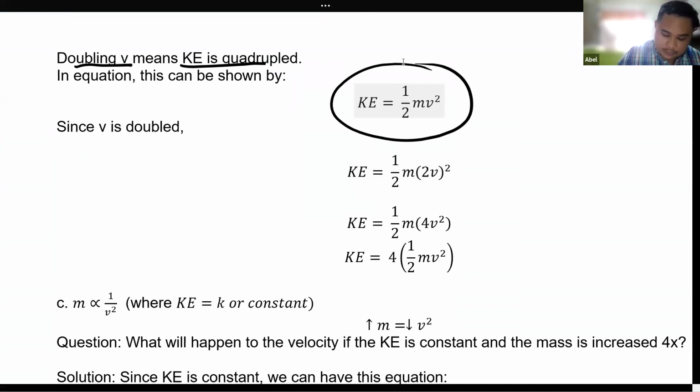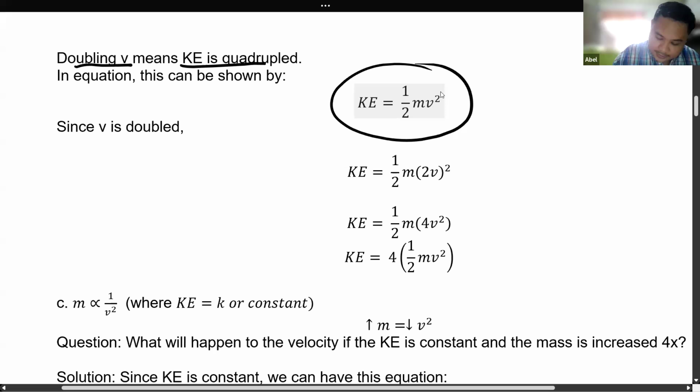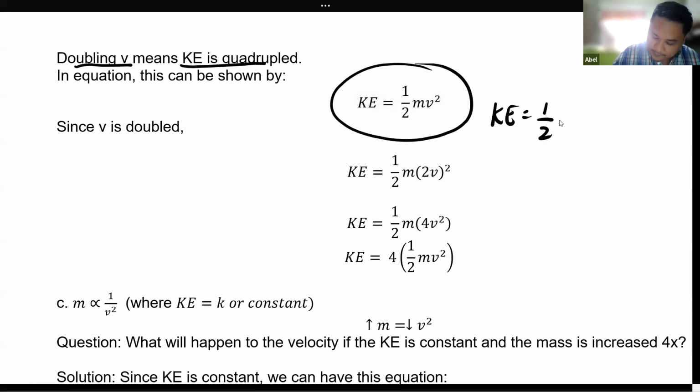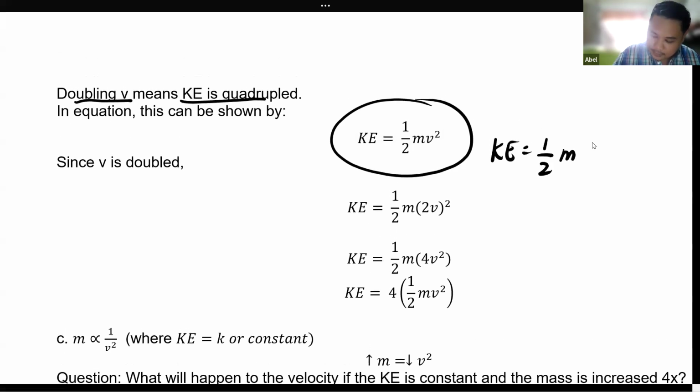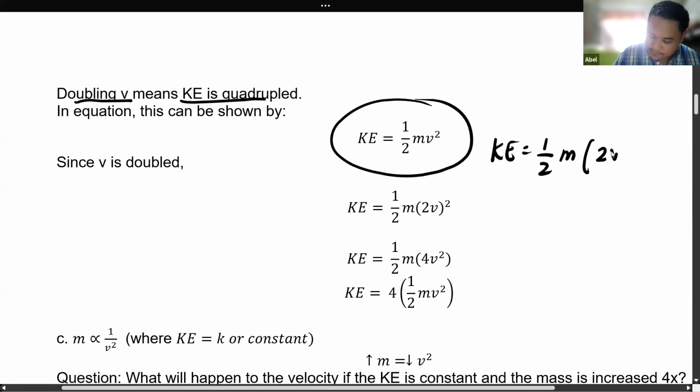Now, if we're going to prove that in our mathematical equation, we have kinetic energy is equal to 1/2 m, and then we're going to double the v, and then squared.